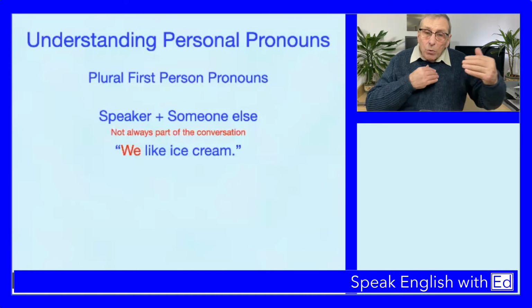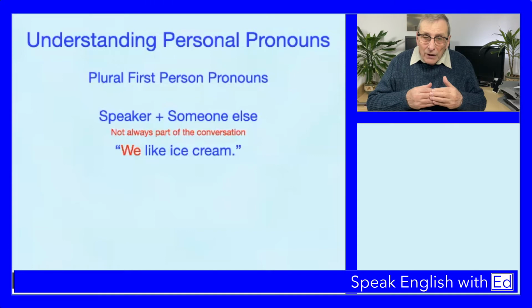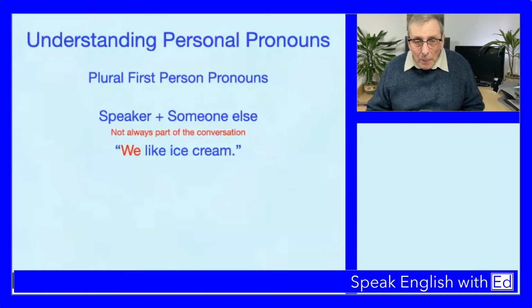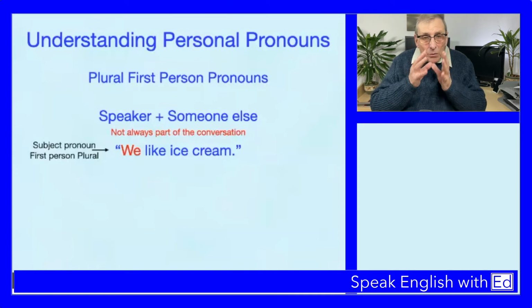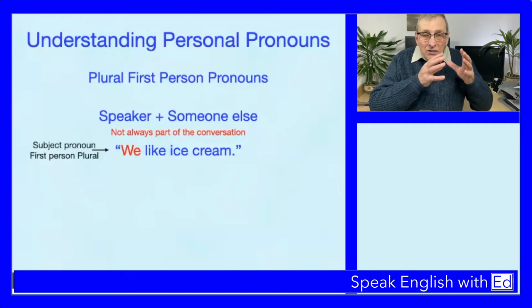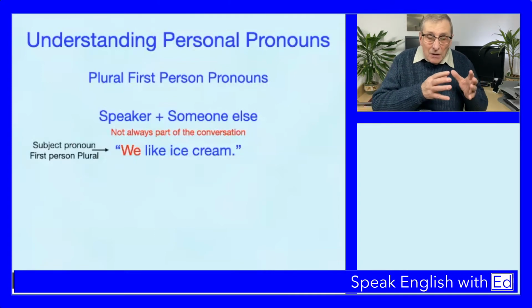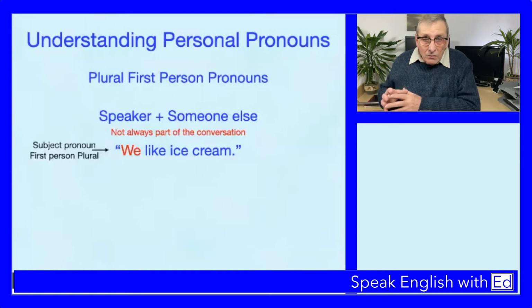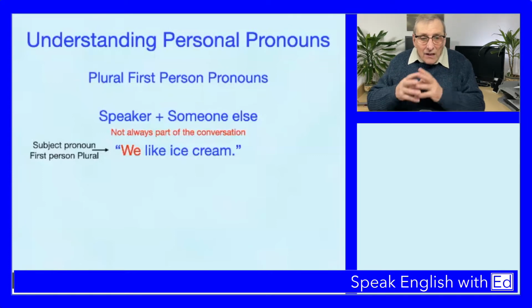So he's got plural there. The plural pronoun is we. We like ice cream. Now that is the plural pronoun in a subject position because they're the ones that are doing the liking. They like the ice cream.